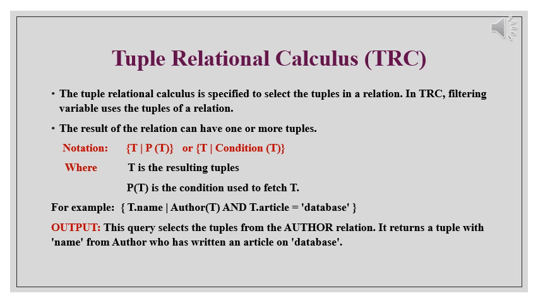So we could find the output from this query. The query selects tuples from the author relation and it returns the names of authors who have written an article on database.